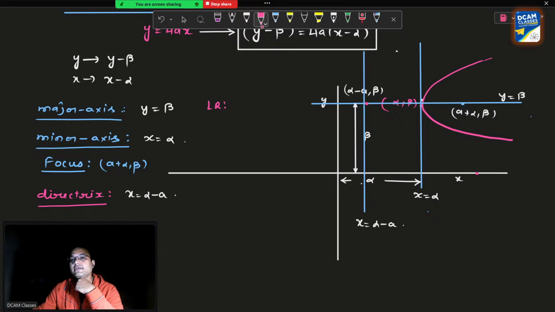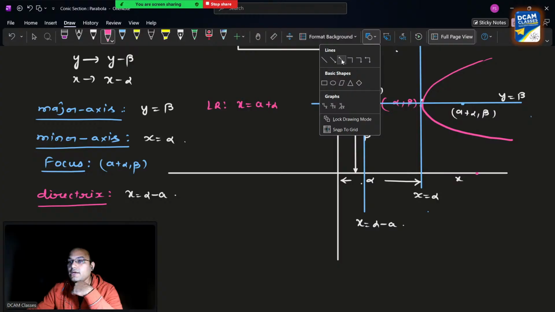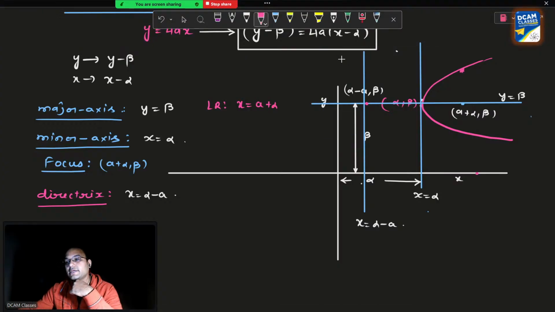Say, x is equal to a plus alpha. Very good. Again, what I was saying, whatever may be the parabola, the length of the latus rectum remains the same. There is no change. Only one thing never changes, that's the length of latus rectum. So can you tell me the coordinates of points A and B?